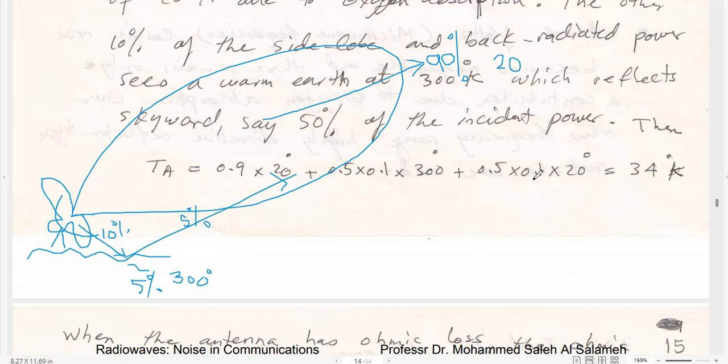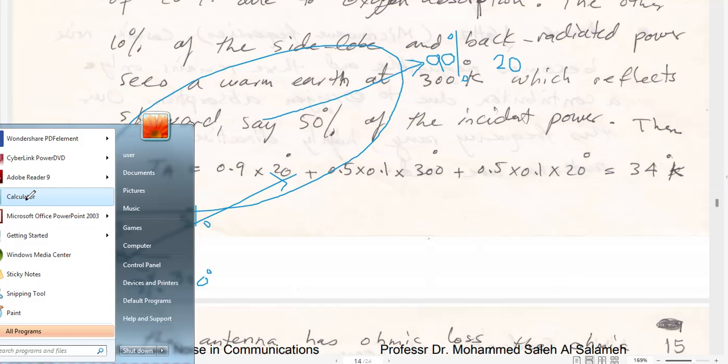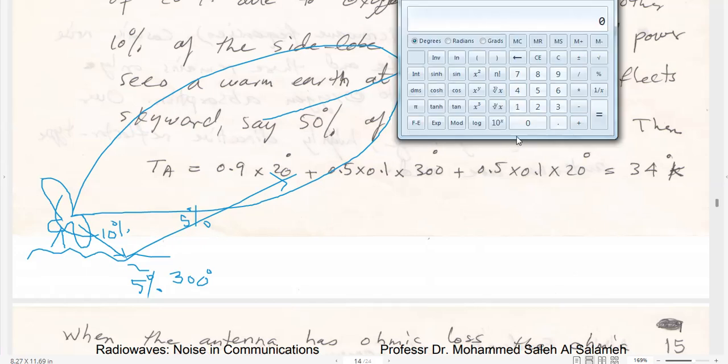The total is 0.9 times 20, which is 18, plus 0.05 times 300, plus 0.05 times 20.